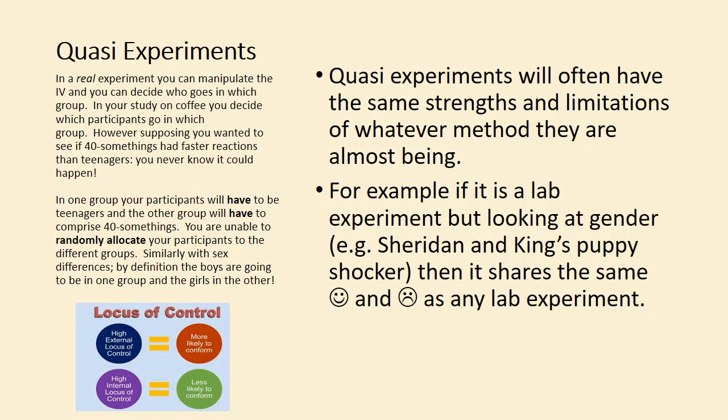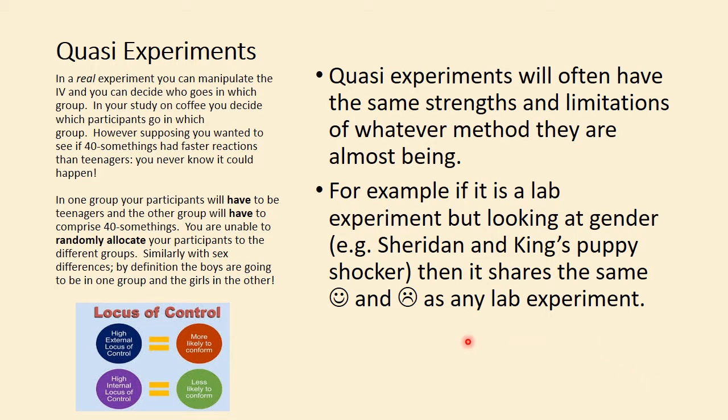The final type of experiment you need to know is the quasi experiment, the almost experiment. The quasi experiment is one that looks like an experiment, but the key thing to look out for is that the participants are not randomly allocated.